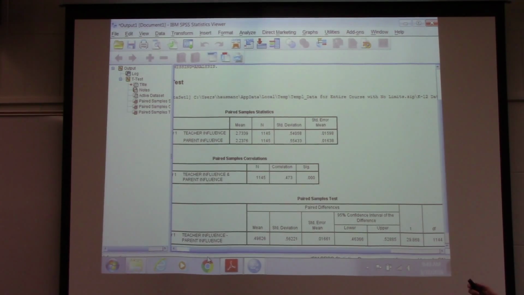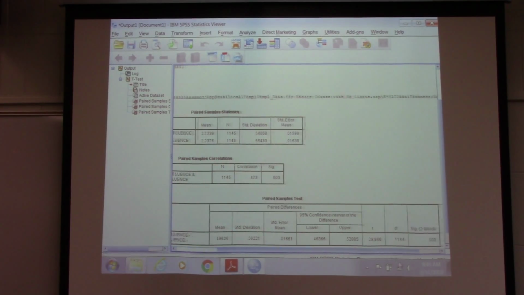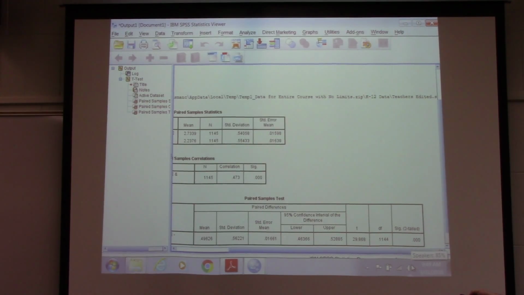Teachers in these districts reported that they have greater influence over school-wide decisions than parents do. And you would then say t in parentheses at the end, t equals 29.868, comma, significance equals 0.000.